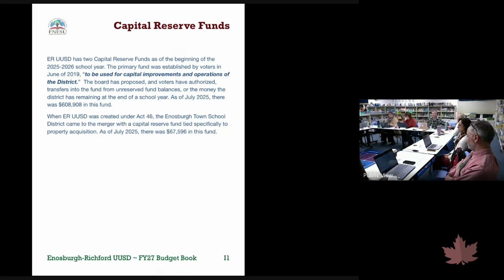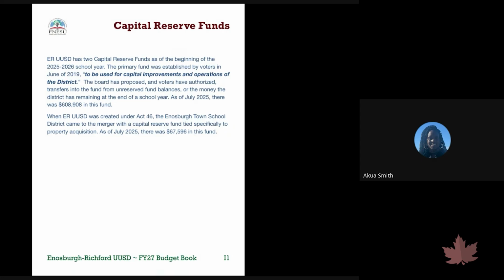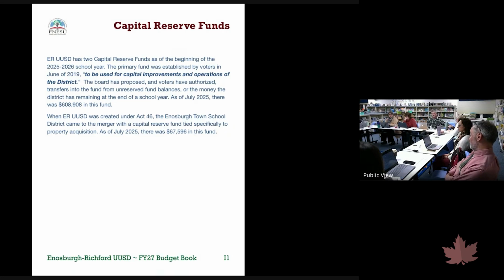Correct. Okay, thank you. You would also have the option, thinking ahead to next year, there will be a big ticket with doing the remaining asbestos remediation in the building we're in now. We have historically tried to use general fund money for that when we can, and if we can't, tap capital reserves.